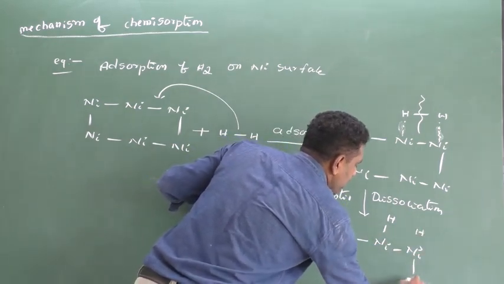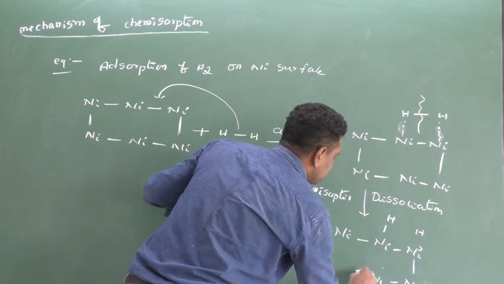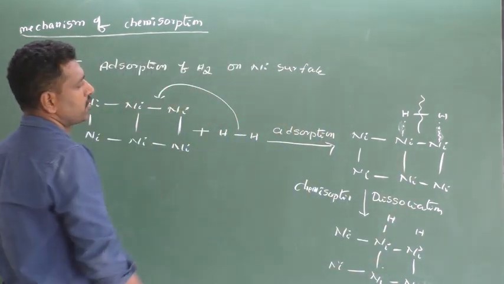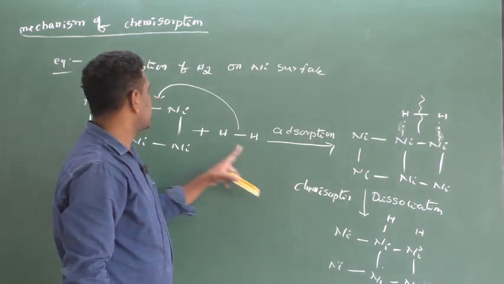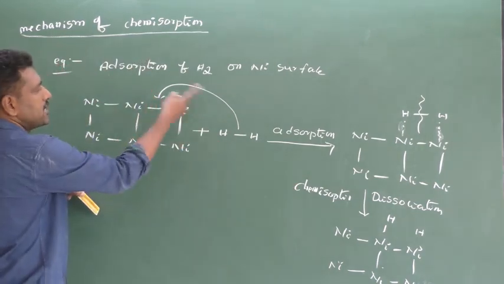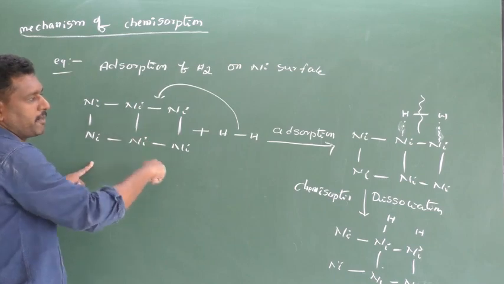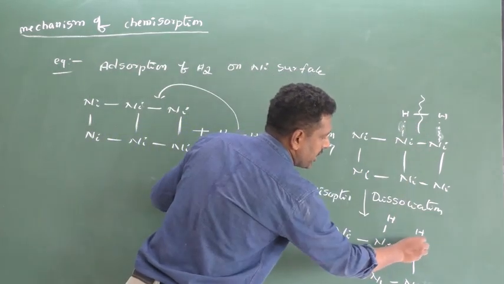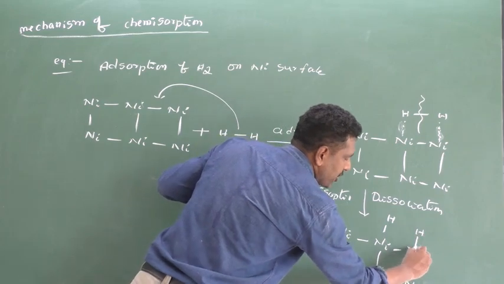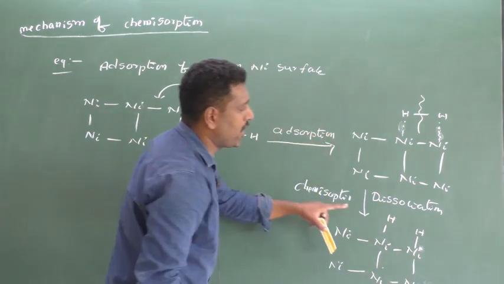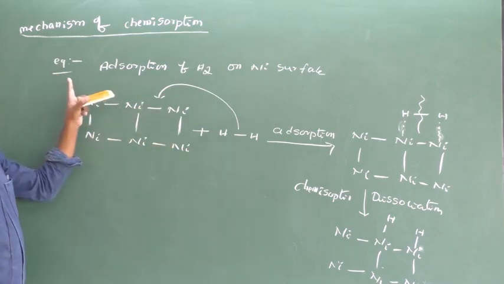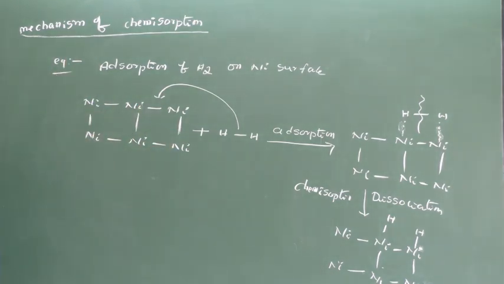So the first step is adsorption, where it is adsorbed on the surface of the nickel metal. After that, this hydrogen molecule is dissociated and it is bonded to the nickel atoms by covalent bonds. So this is the mechanism of chemisorption.